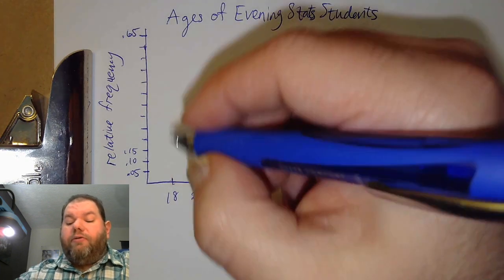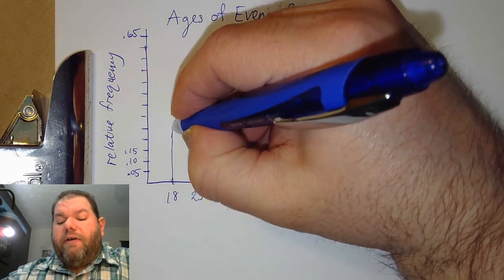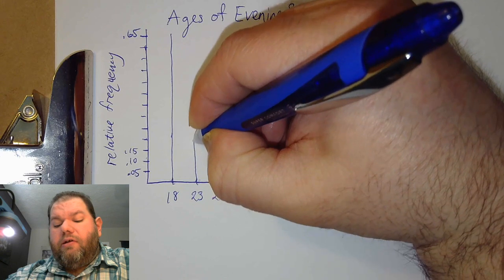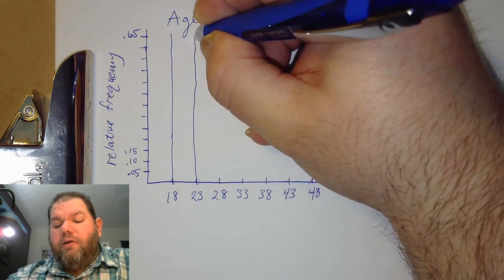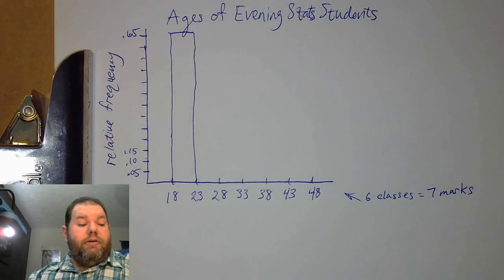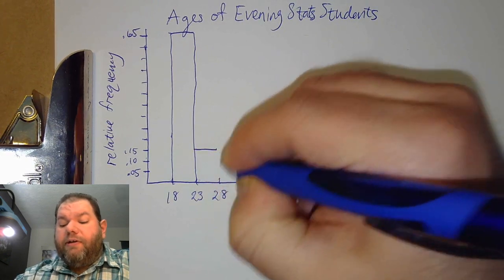We know our first class has to be between the first two numbers. 18 to 22 has a relative frequency of 65%. Our next group, 23 to 27, goes up to 15% or 0.15.